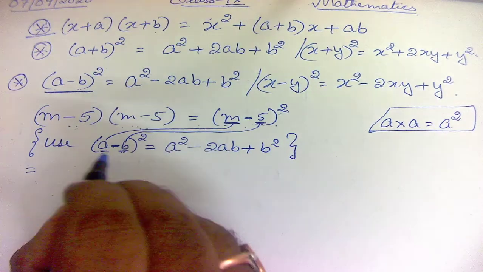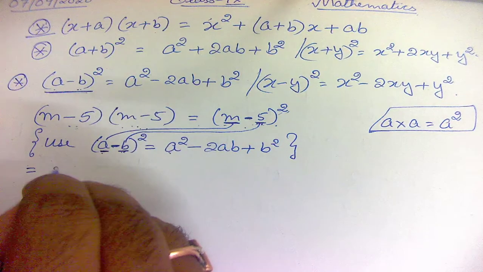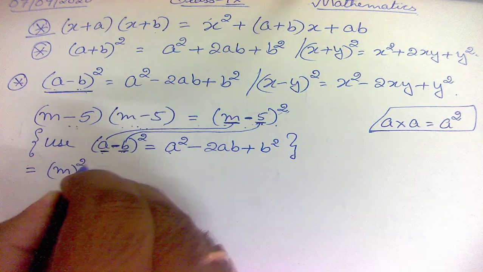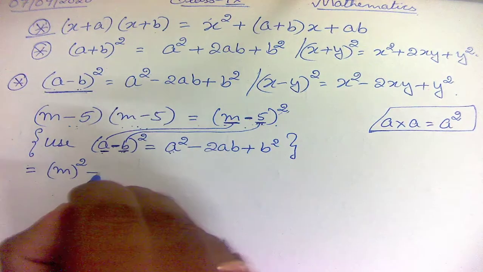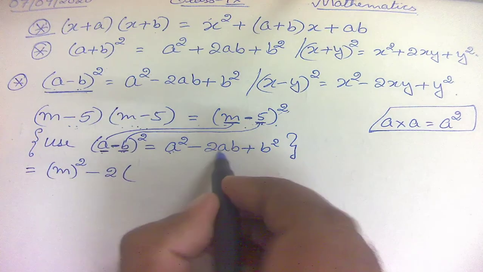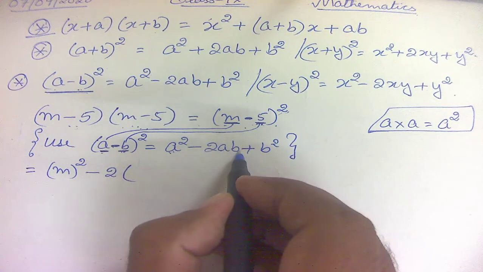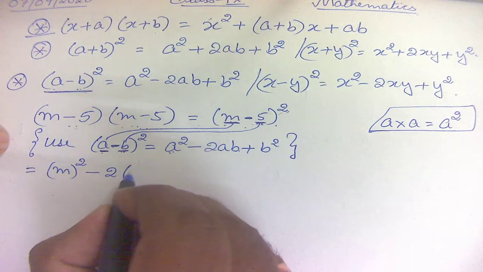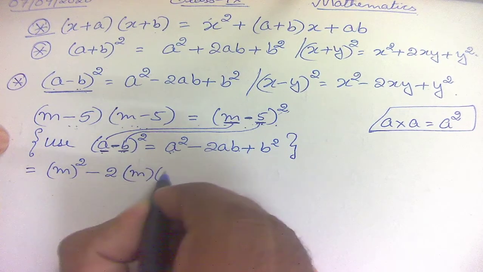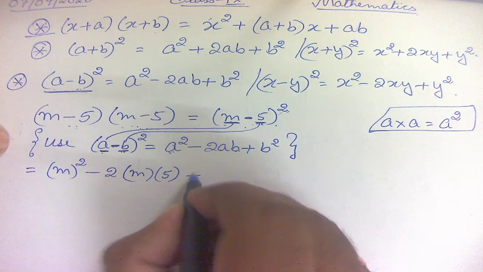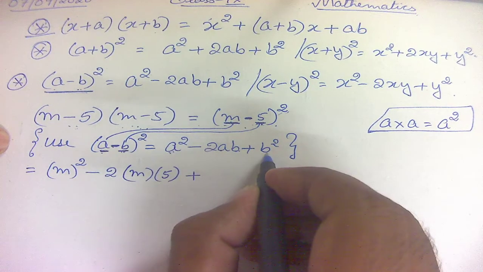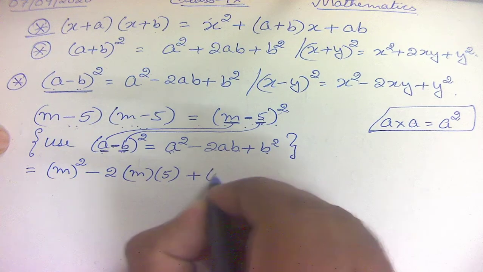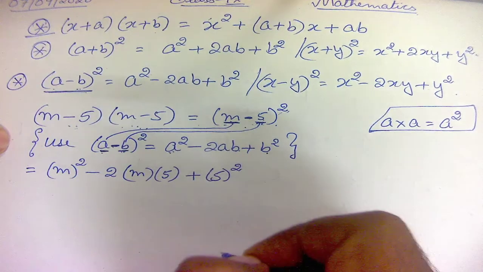Now a is replaced with m. So a squared means m squared, minus 2 multiplied by a multiplied by b. What is a? It is m, and what is b? It is 5. It is not -5, it is only 5. Then plus the square of b, b is 5, so it is the square of 5.